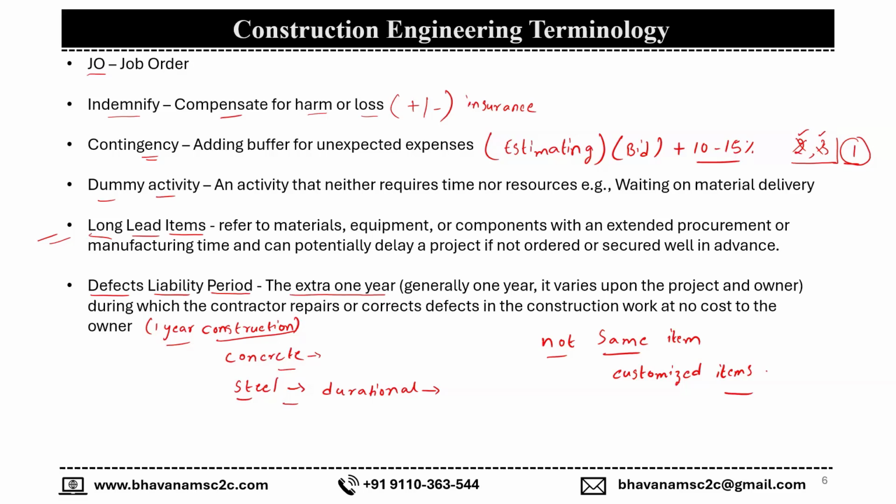Let us suppose I'm an owner for my house construction, or for my ad construction. I have my own connections for the material supply from my end. So rather than giving the material contract to the contractor, I would like to get the material by myself by choosing the prime quality of the material. I'm going to get all the required materials to the site by myself, be it sand, cement, or steel, or whatsoever.